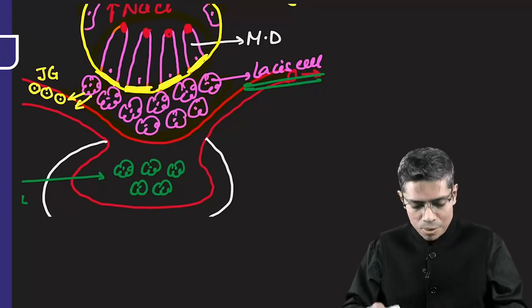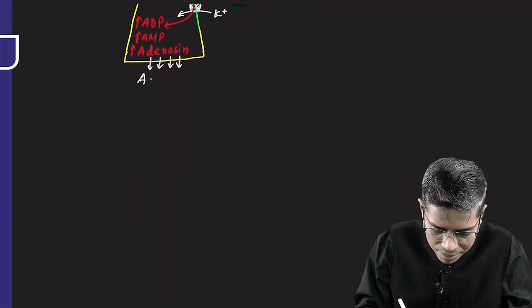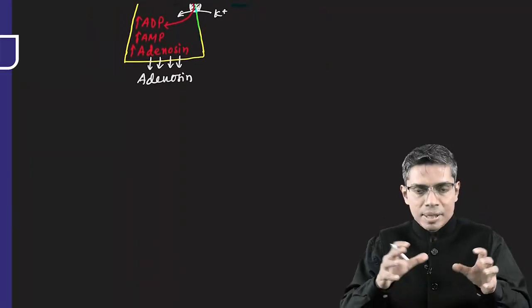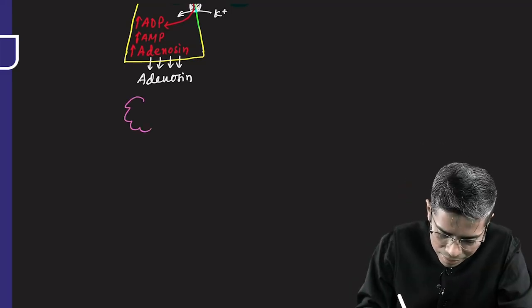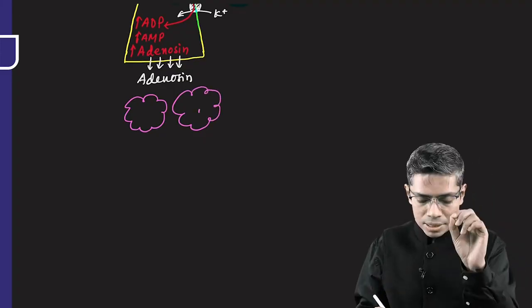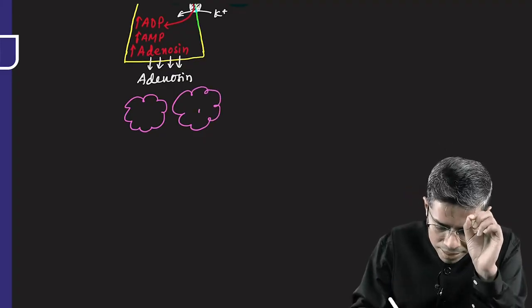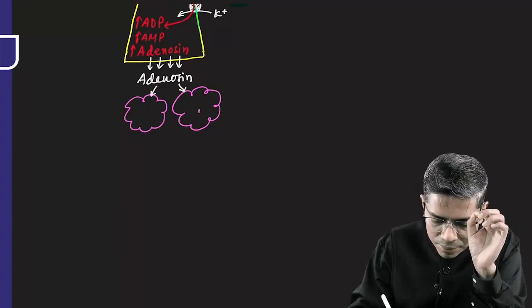So now, whenever this adenosine is released from this macula densa cell, it is coming in contact with the Lacis cell. Now this Lacis cell contains a receptor for this adenosine. So the adenosine is now acting on this Lacis cell. What is the receptor for this adenosine?